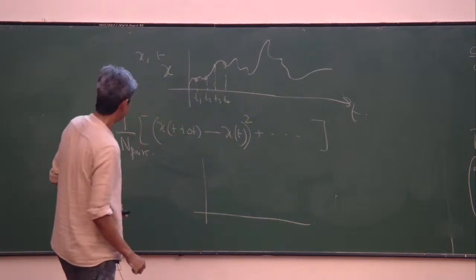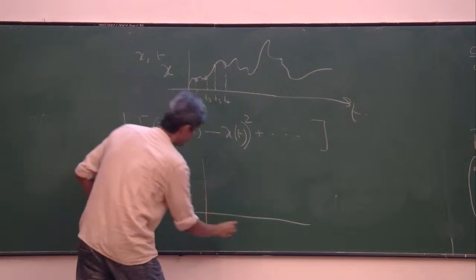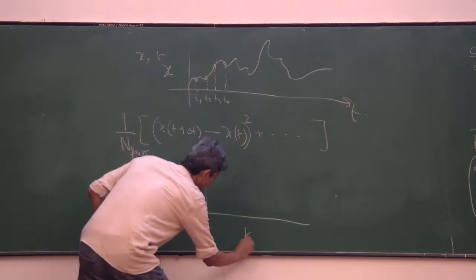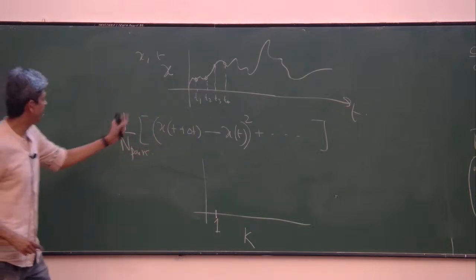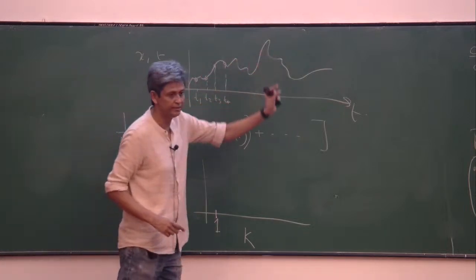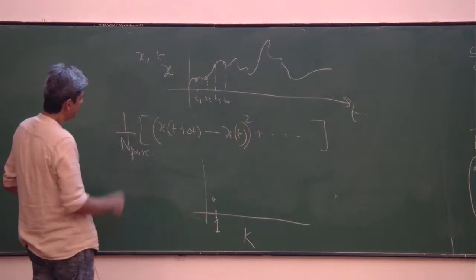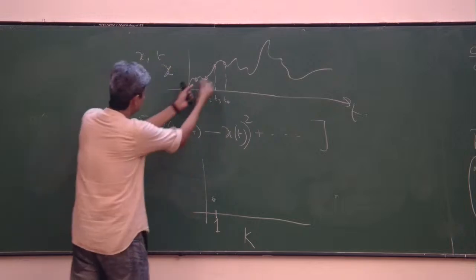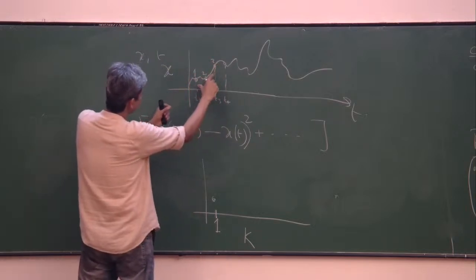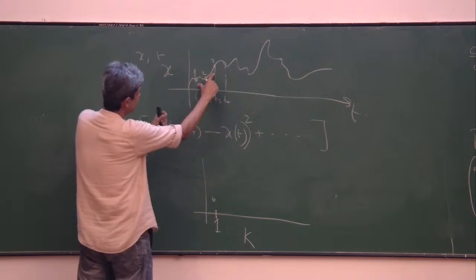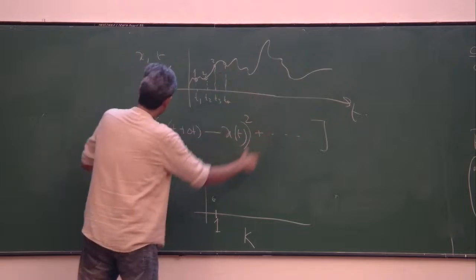And here you plot, so your gap was 1, so I put an index which is k for gap 1. I got a single number by summing the square of all these differences, and I put it here. Now in the next instant, I increase the gap. I had 1, 2, 3. I look at the difference between 3 and 1. And again 4 and 2, 5 and 3, and so on.